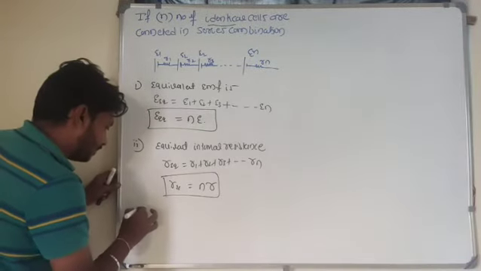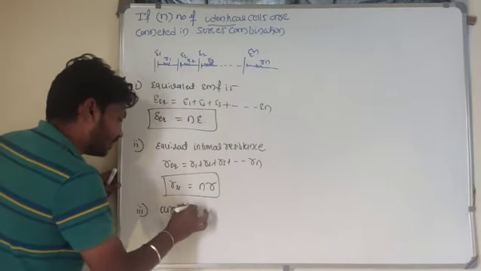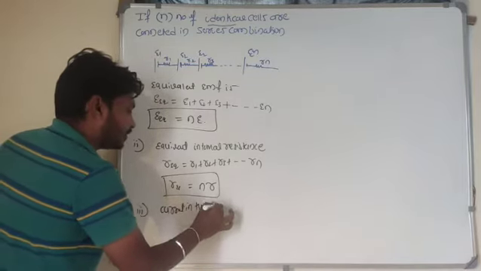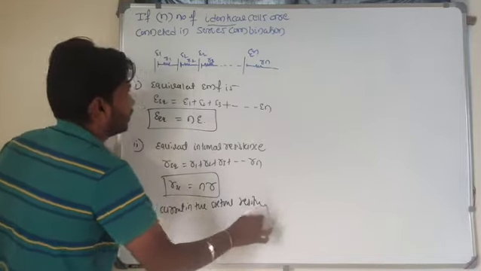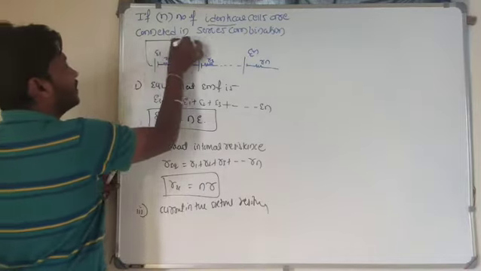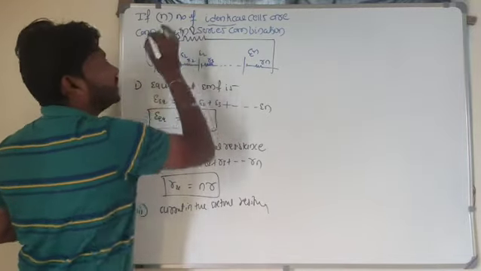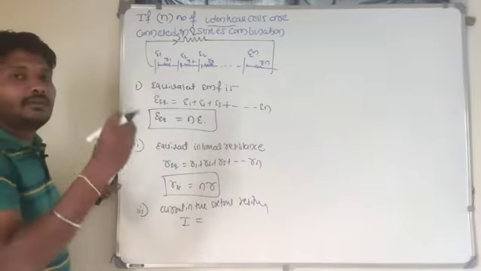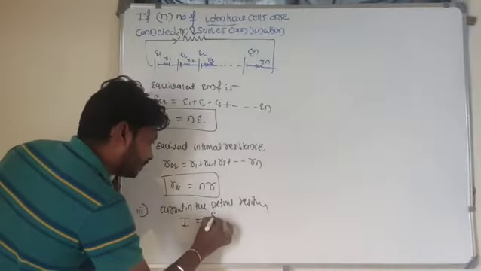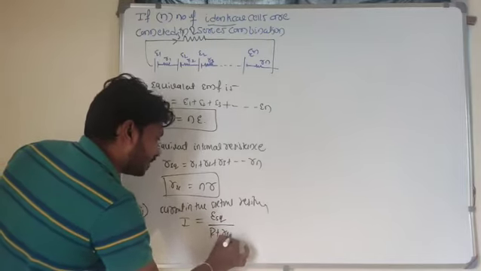What about the current in the external circuit? For example, if these cells are connected to one external resistance R, I need to find the current in the external resistance. I is equal to E equivalent divided by R plus R equivalent.